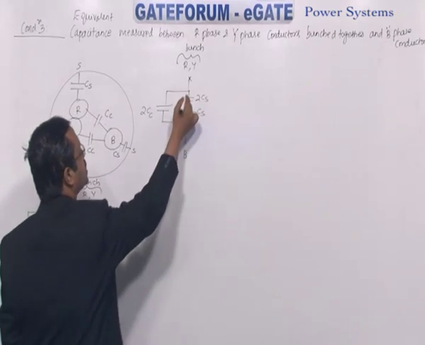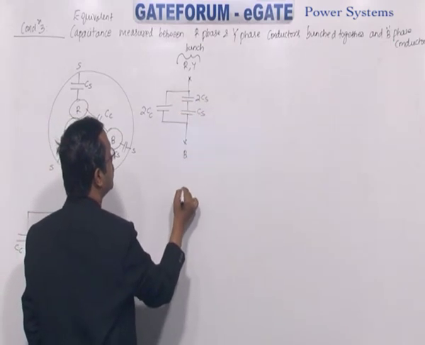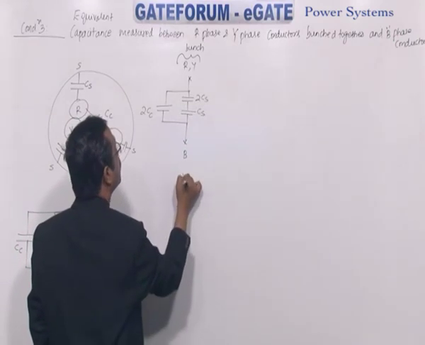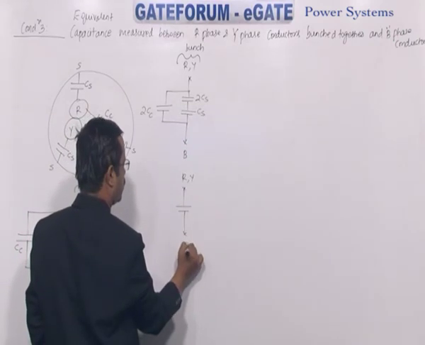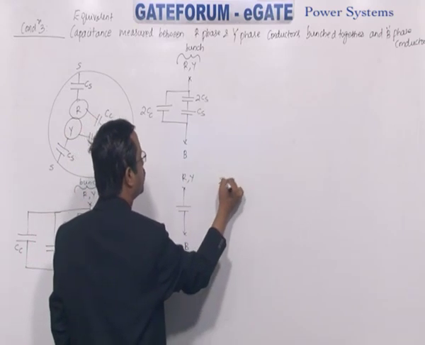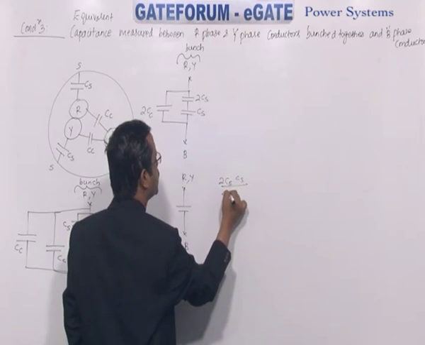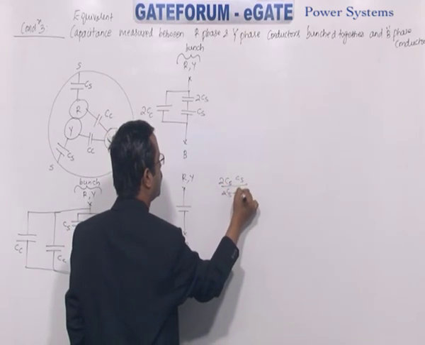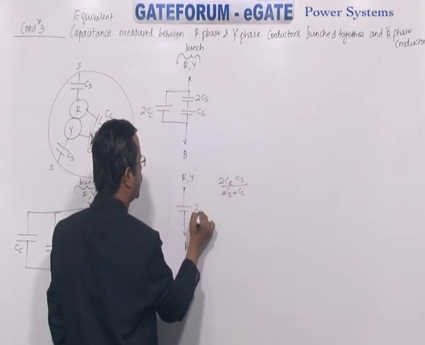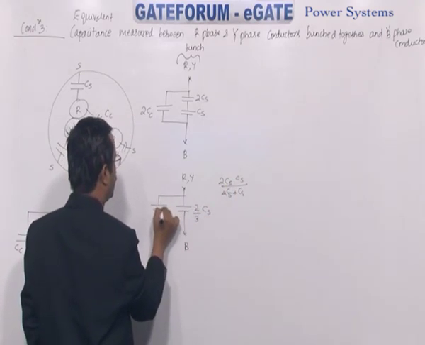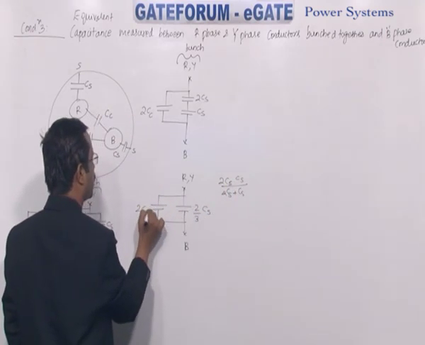Now 2CS and CS are in series. So what is the equivalent you get now? So 2CS and CS are in series now. So you get 2 by 3 times CS. To that what is in parallel? 2CC is in parallel.